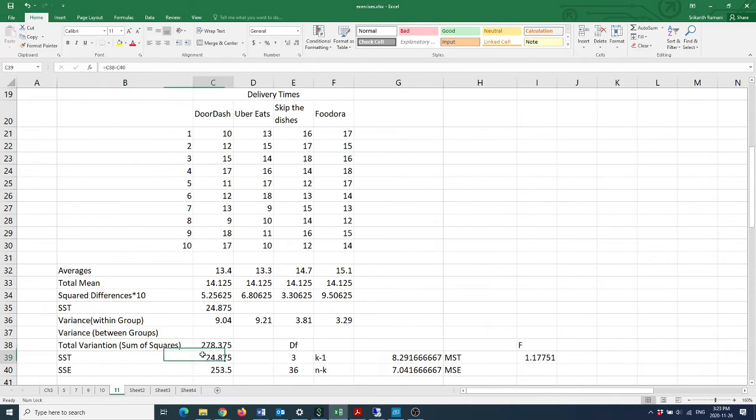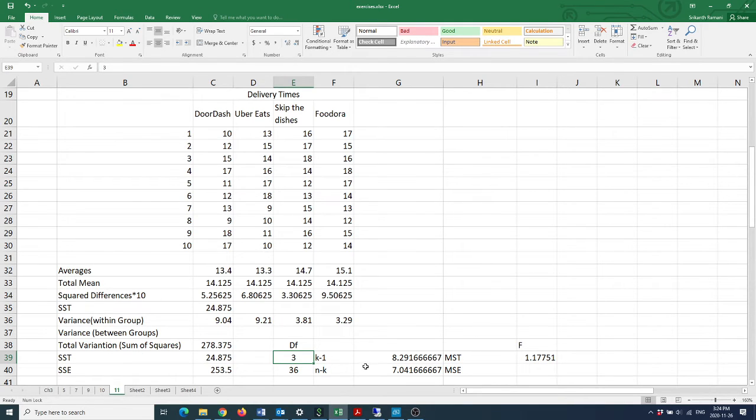Let me expand this. Once you find that, you know the degrees of freedom for the numerator is k minus 1, and the degrees of freedom for the denominator is n minus k, which is 40 observations minus 4 groups, which is 36. And k minus 1 is 4 groups minus 1, which is 3.